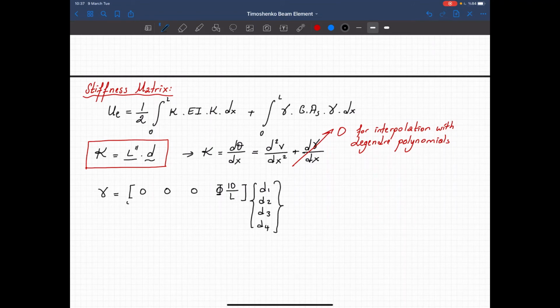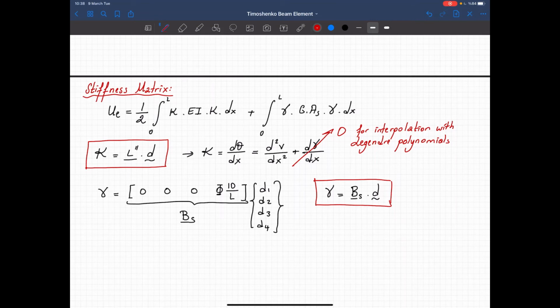So if I call this matrix our B shear matrix, then I can write shear strain is equal to B for shear multiplied by the displacements. And that's the equation for the shear. Okay.